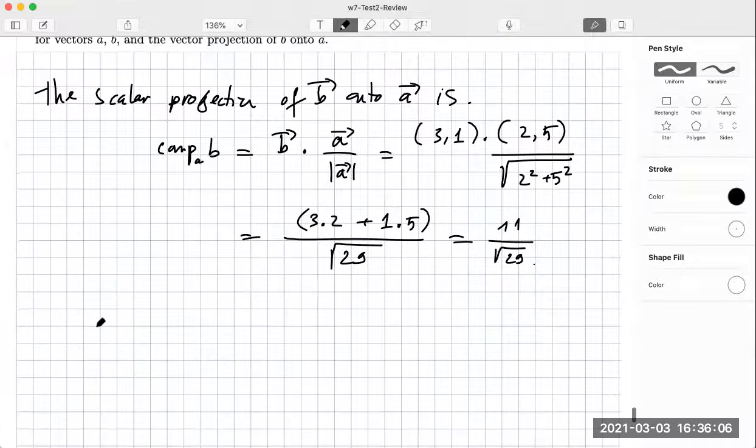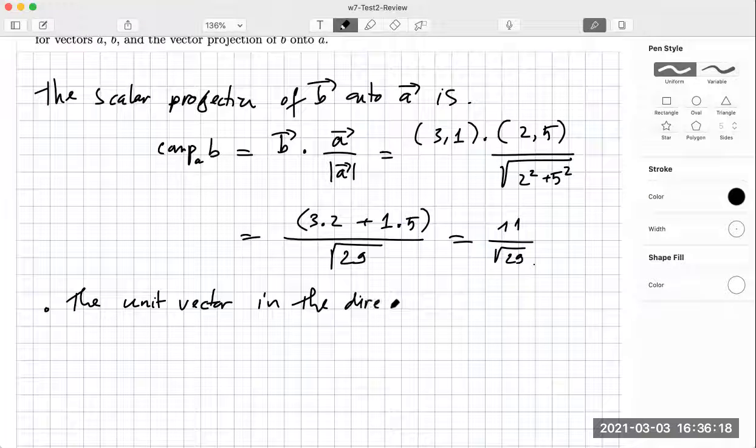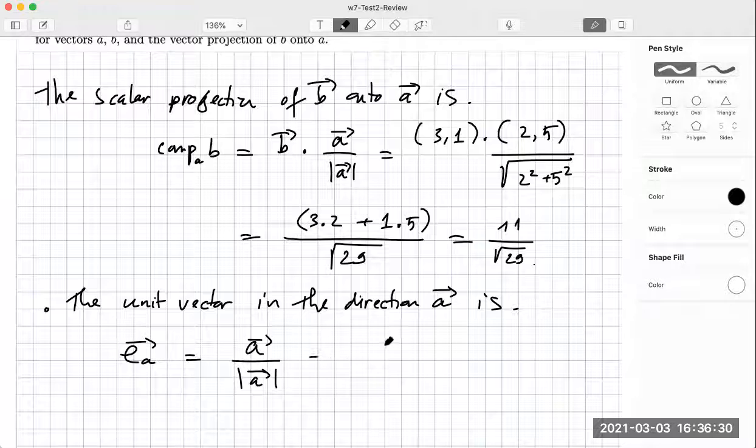And the unit vector in the direction A, let us call it e_A, is the vector A divided by its magnitude, which is (2, 5) divided by this guy, right?